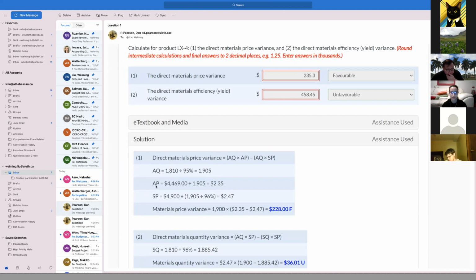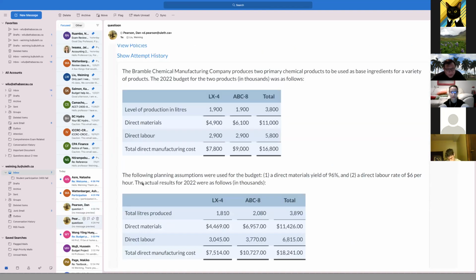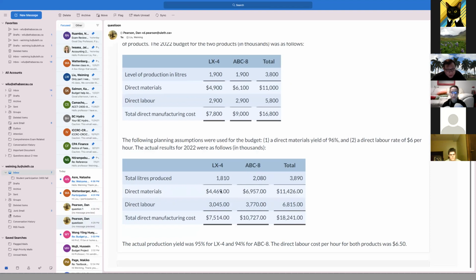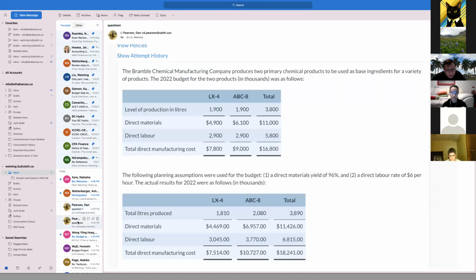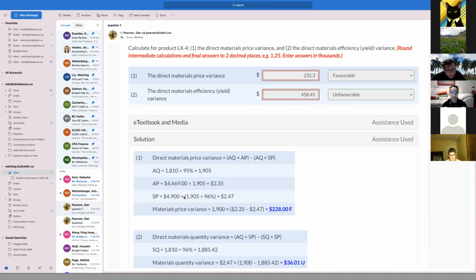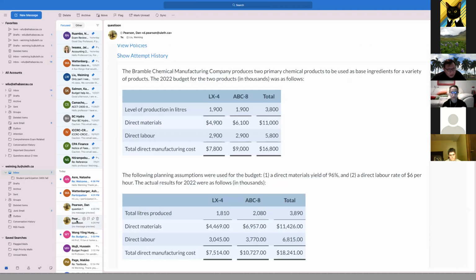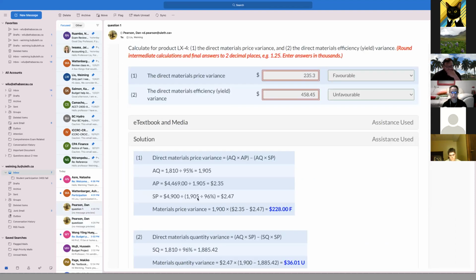And the actual price, that's the direct materials cost. So you figured out the actual price per unit. And the standard price, 49, direct materials, divided by 1905 divided by 36. This is actual quantity, right?